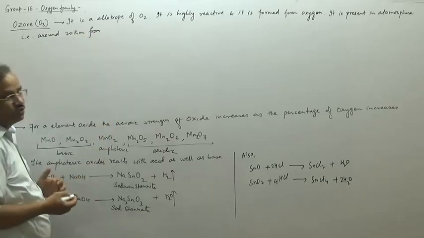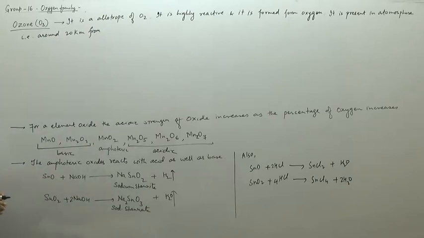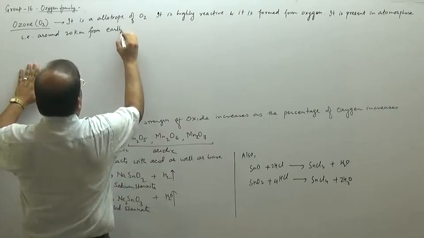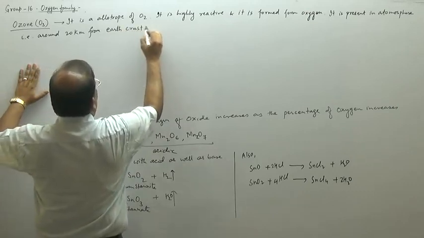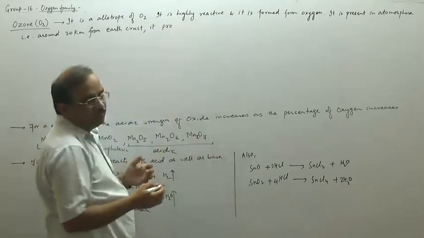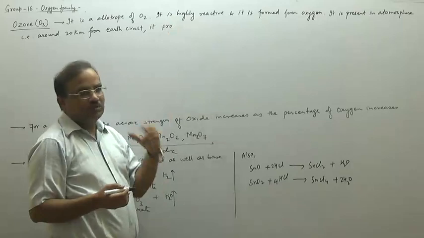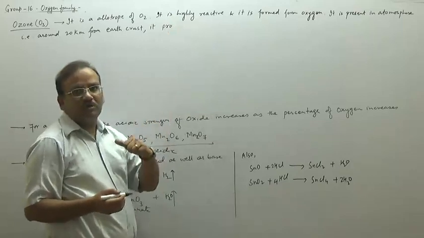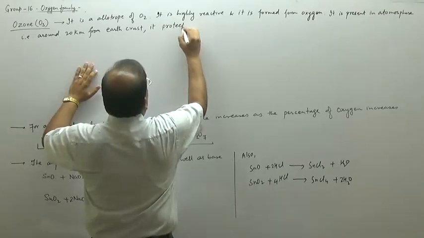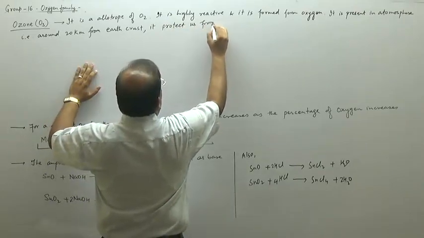There is a layer of ozone present there. From the earth crust, it protects us from the UV radiations, the UV radiation which are coming from the sun rays.